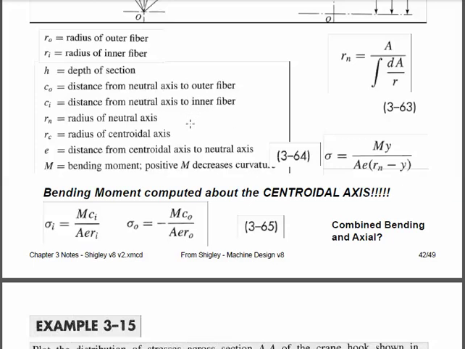Okay, let's see. If we want the stress at the outer fiber, then y would be the location of the outer fiber, and then this would be the radius to the outer fiber. So these equations are substitutes for this one, where c sub i and c sub o are the radii to the outer fiber.